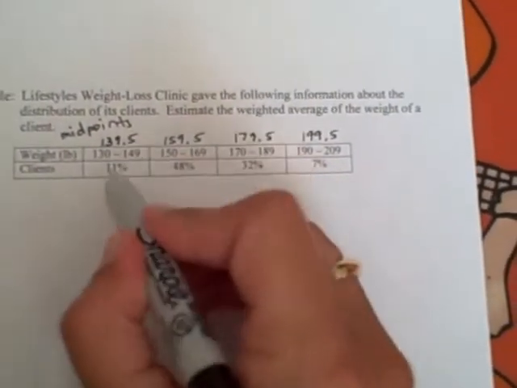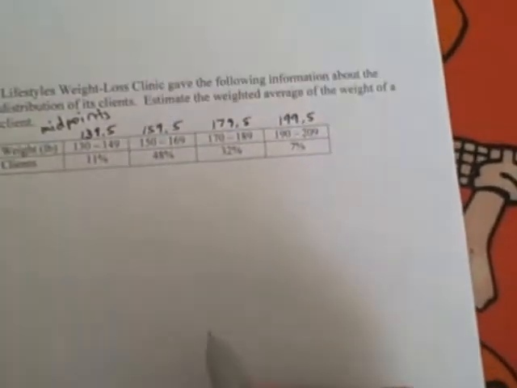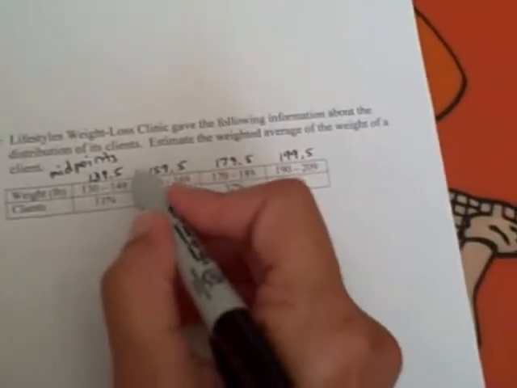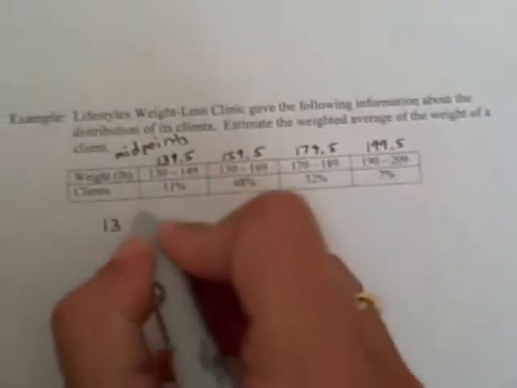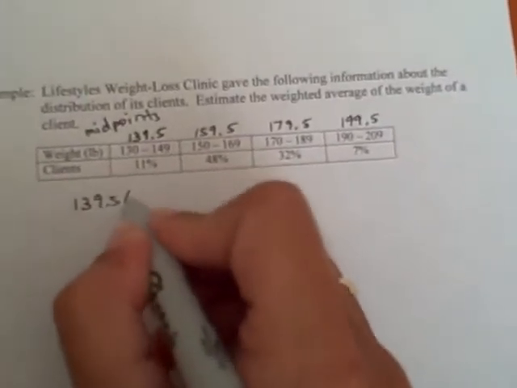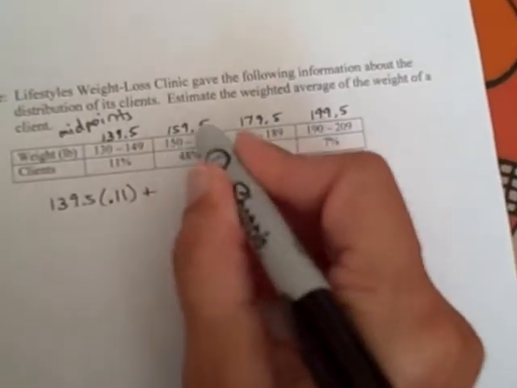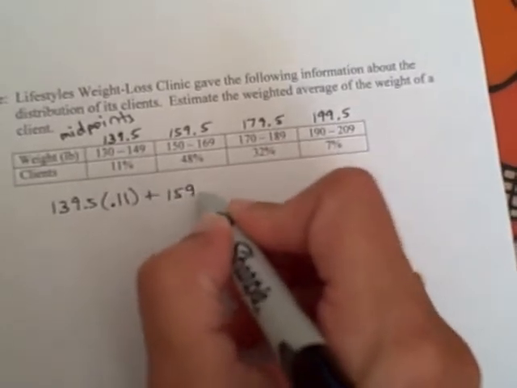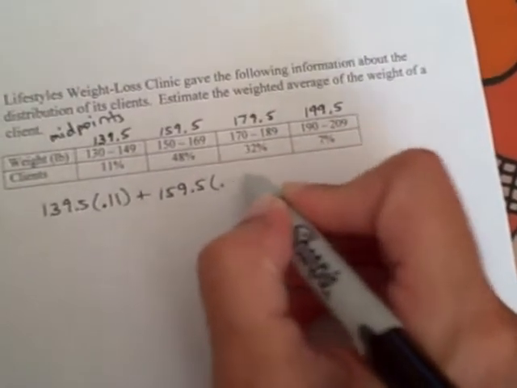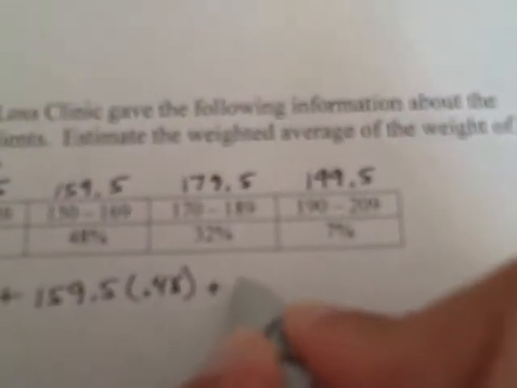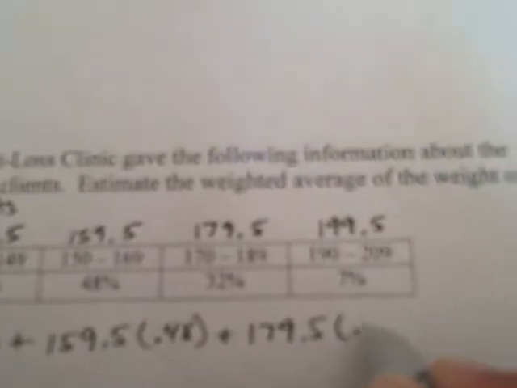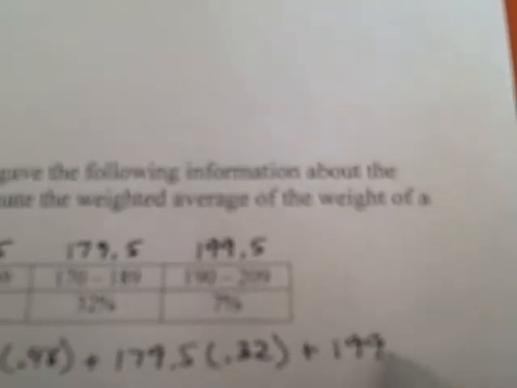So this is what we're going to do. Now, this is going to be our score, and this is going to be our weight. So to get the weighted average, I'm going to take 139.5 times the 11%, so 0.11, plus the midpoint for the second group, 159.5 times 0.48 for the 48%, plus 179.5 times 0.32, plus 199.5 times 0.07.